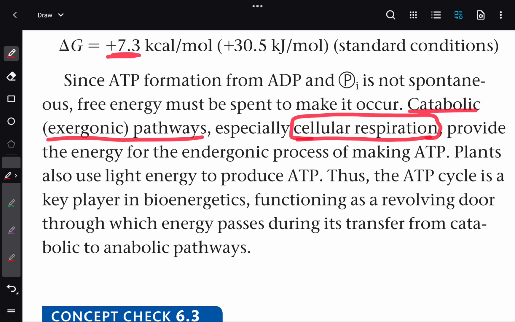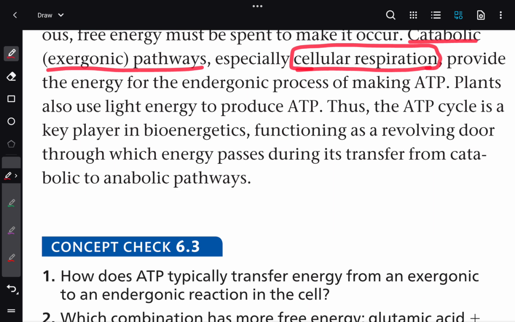Plants also use light energy to produce ATP. Thus, the ATP cycle is a key player in bioenergetics, functioning as a revolving door through which energy passes during its transfer from catabolic to anabolic pathways.